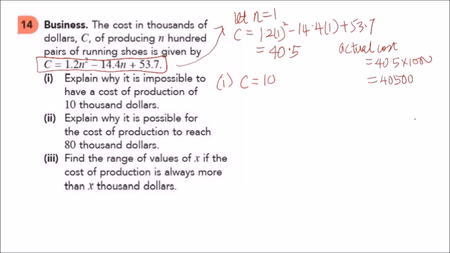You just put 10. If C equals 10, and C equals 1.2 n squared minus 14.4 n, we want to see if there's any intersection point. So we're going to let 1 equal 2 to form equations in terms of n.